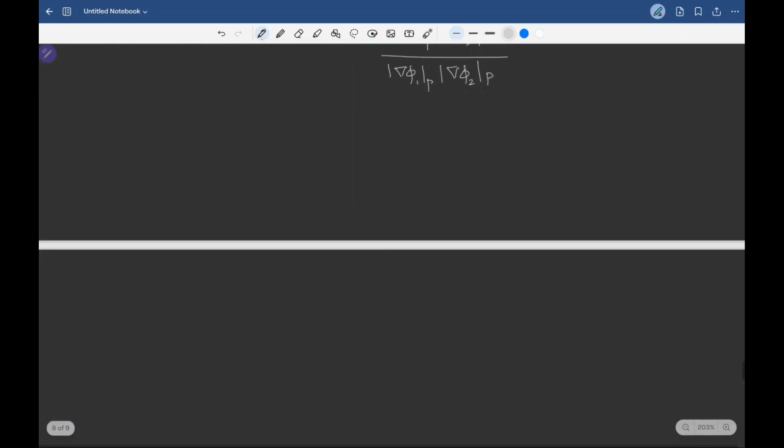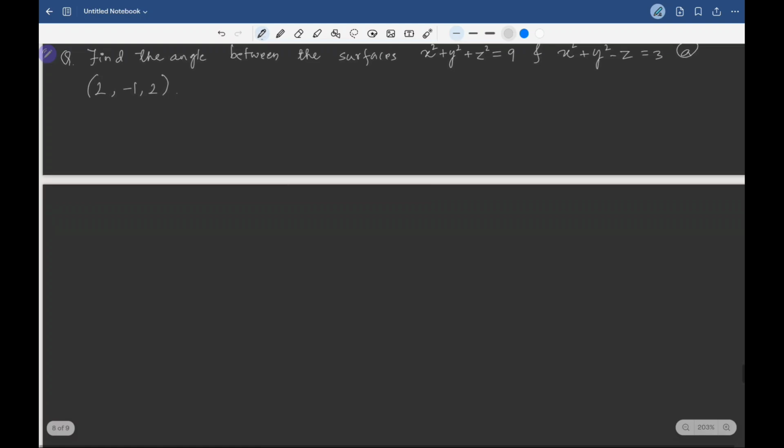Taking the first problem: find the angle between the surfaces x squared plus y squared plus z squared is equal to 9 and x squared plus y squared minus z is equal to 3 at (2, -1, 2).